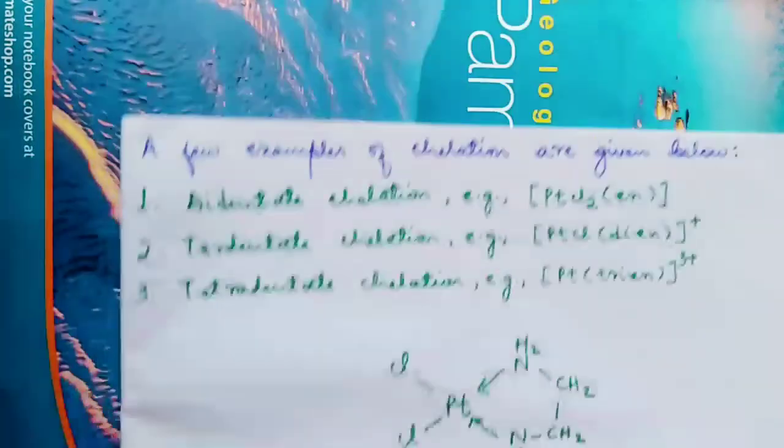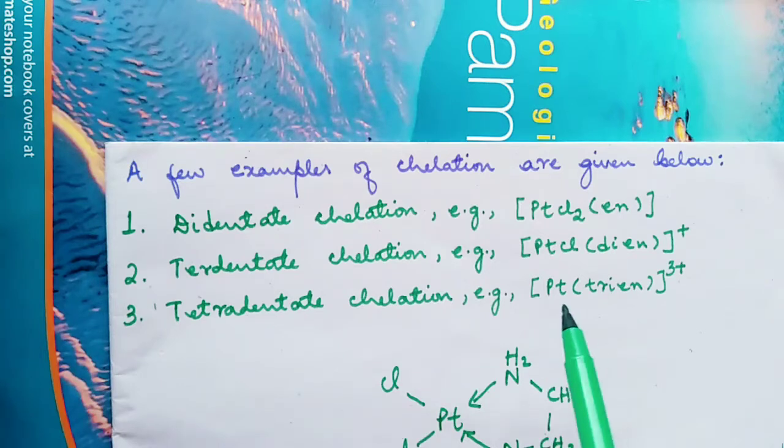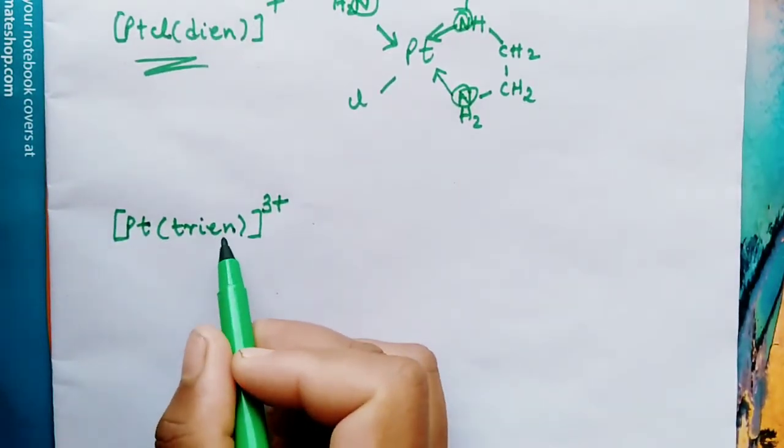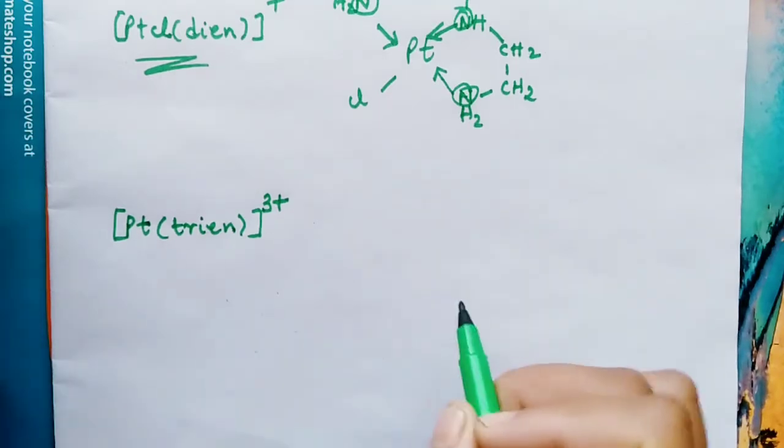Then we come to tetradentate chelation. This En is ethylene diamine. Let's draw the structure.